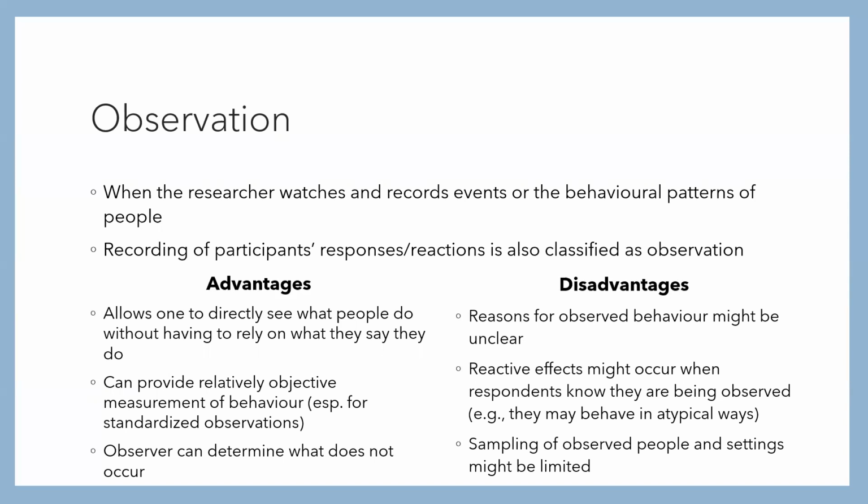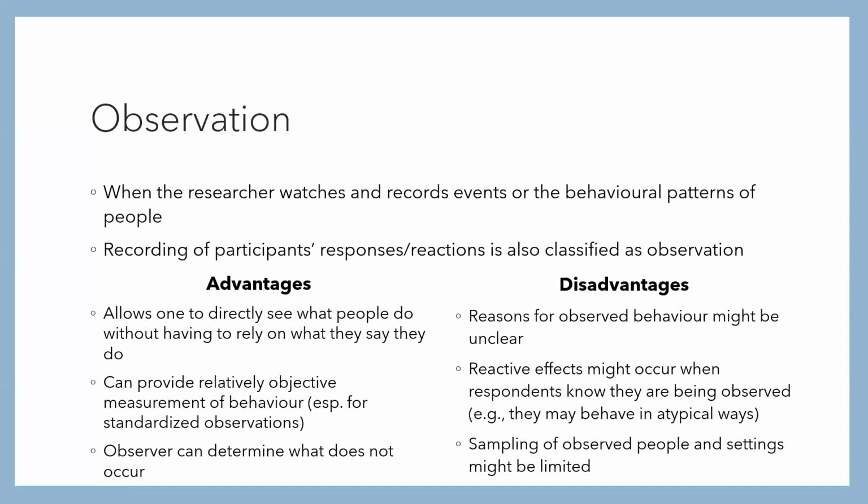It's just that it's been validated before. And you can be more certain that it's measuring the exact behavior-based construct that you are interested in as a researcher. And the observer can determine what does not occur. So what does not occur is often just as important as what does occur.